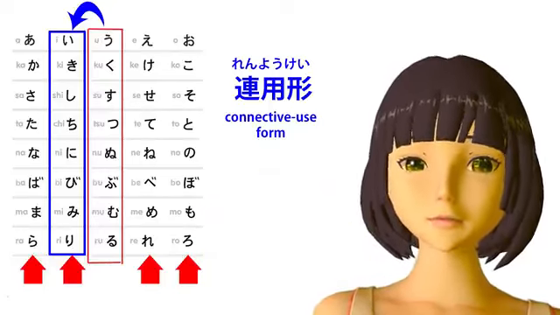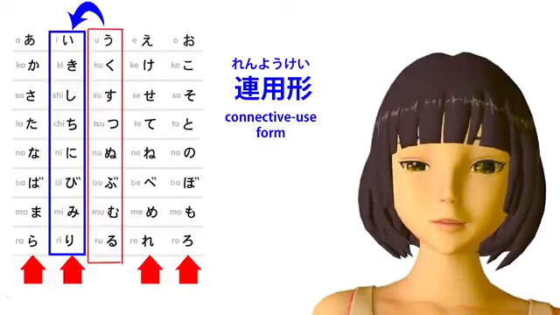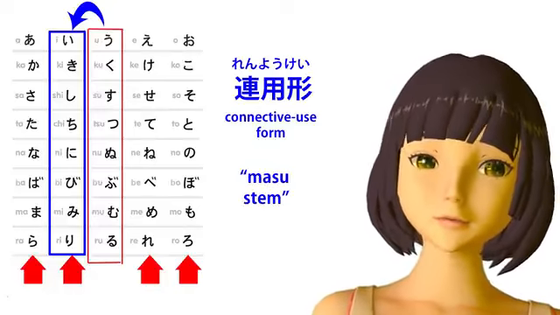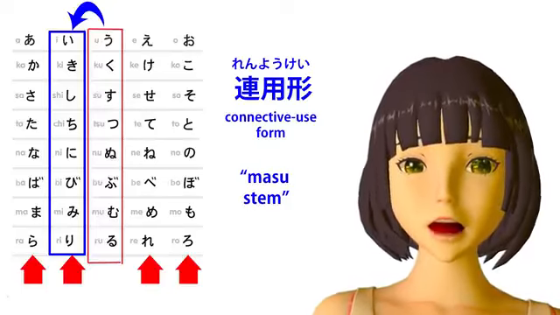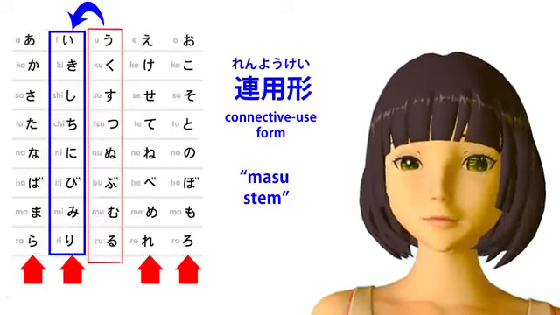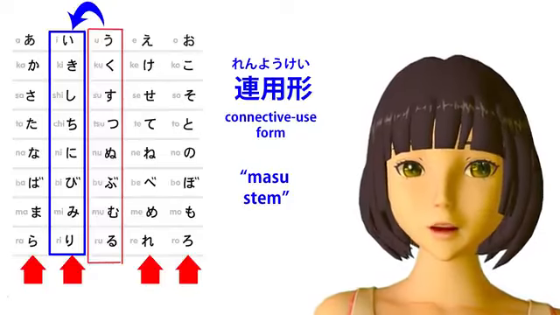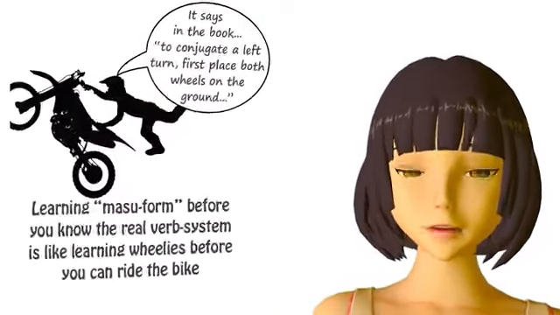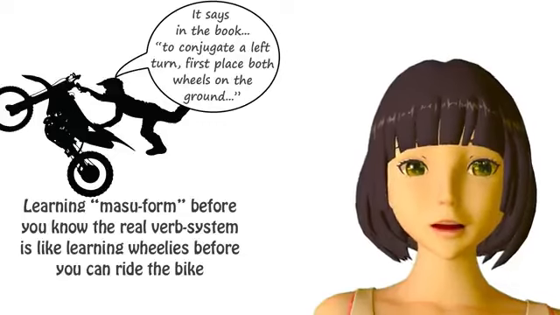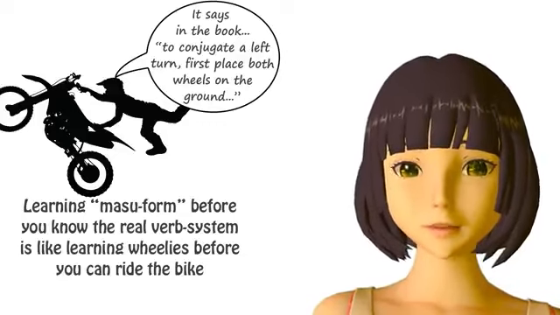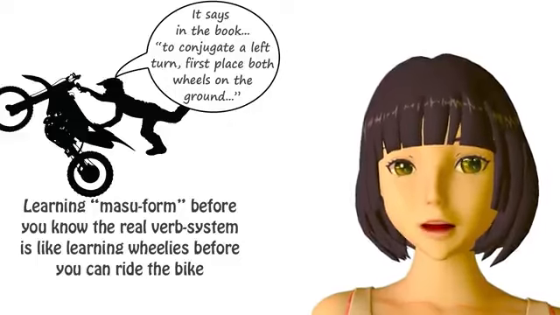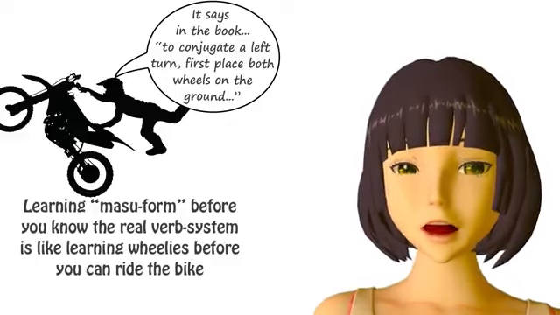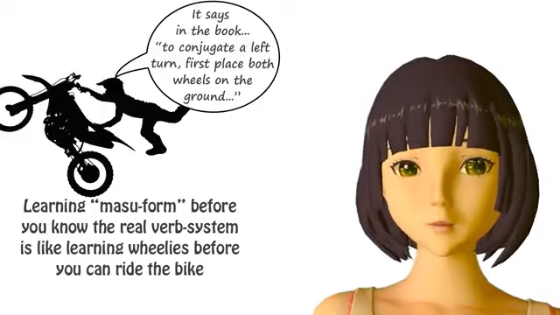In English, it's sometimes called the masu stem, which is not inaccurate because, of course, it does, among many other things, connect the helper verb masu. I don't like this expression because it stems from the whole ideology where the so-called masu form of verbs, which means verbs shifted into the I stem and having the masu helper verb attached to them, were the base form of verbs.